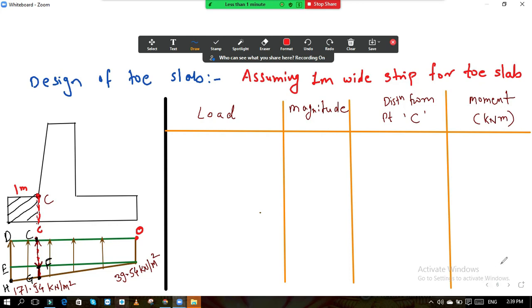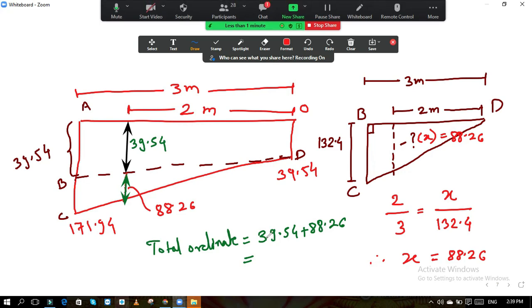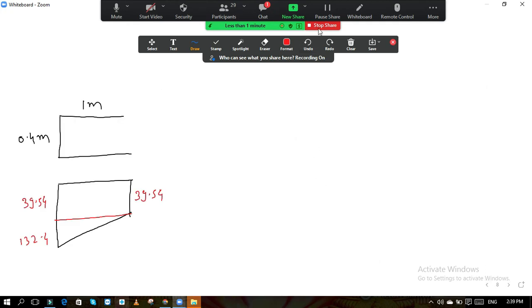So what is the total ordinate? This 88 आणि हे किती येते total? 39.54 plus 88.26, 127.8. Okay, so this total ordinate is 127.8.